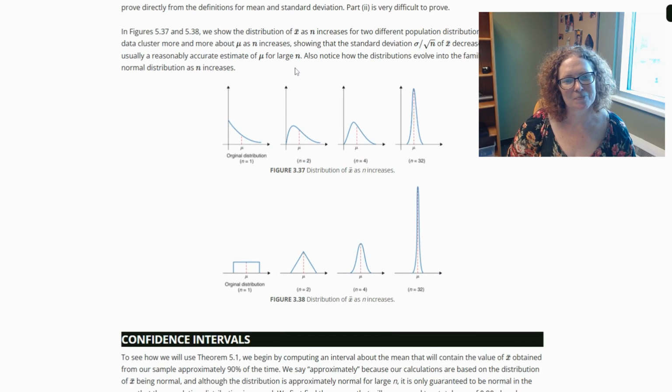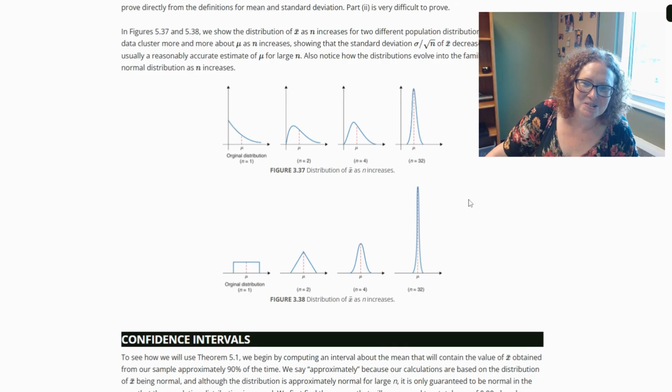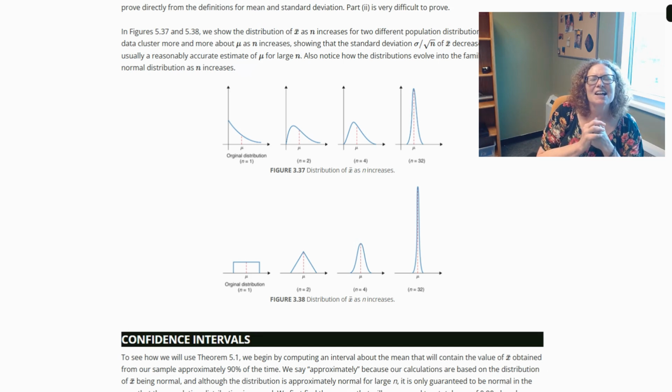These are some pictures of the distribution of the mean of the sample population, or the X bar. So this is the sample. Let me go back on that. When we talk about a population, we talk about every single possible data point.